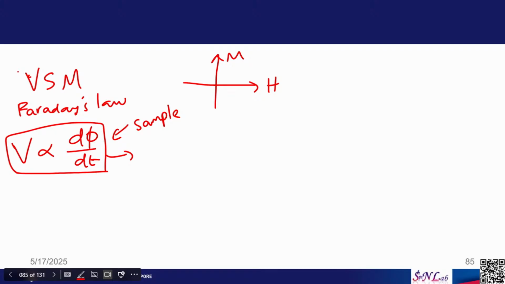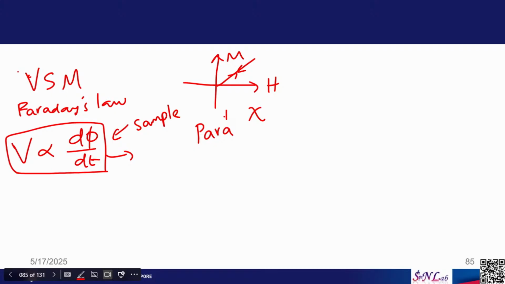Okay. If you do this for paramagnetic materials, the magnetization will increase linearly with respect to magnetic field, and the path for going up and coming down are the same. So, a paramagnetic material will have a positive slope, and this slope is called susceptibility.